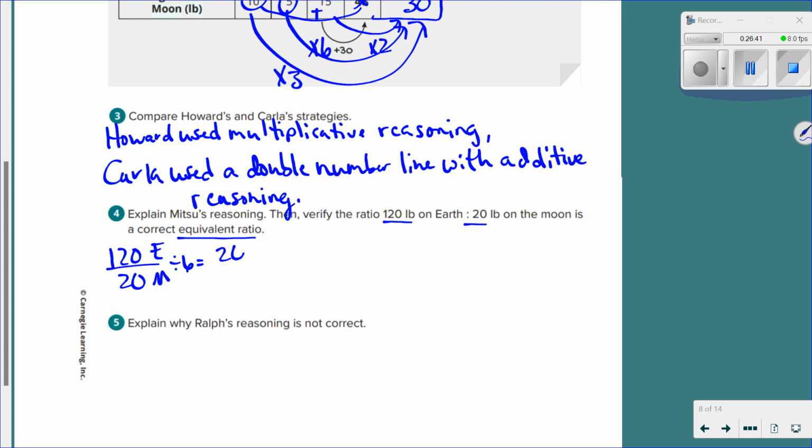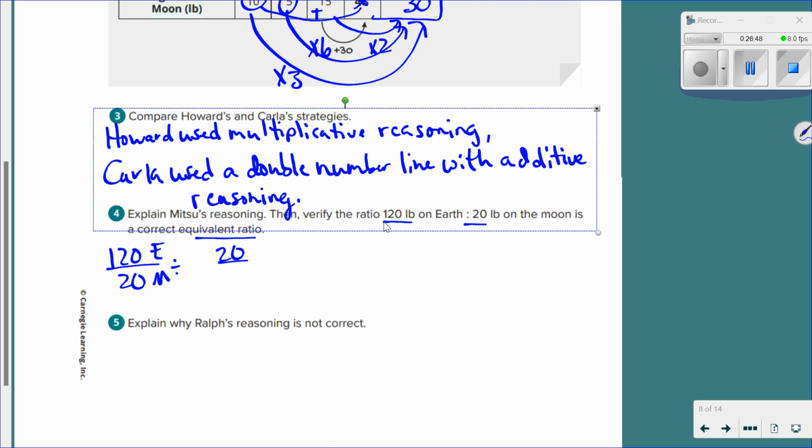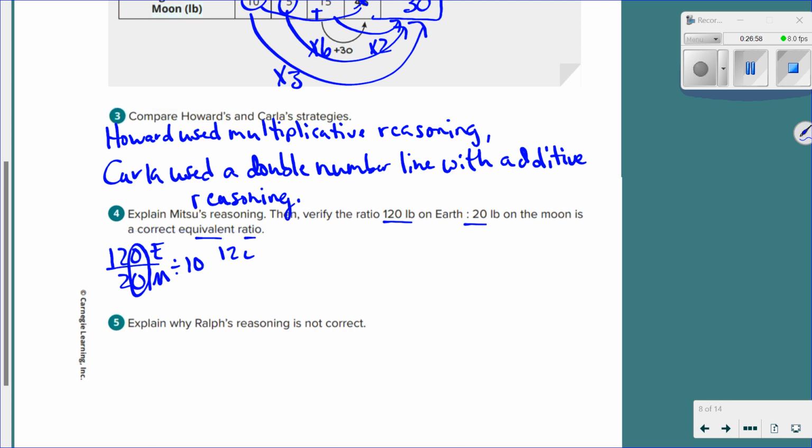So that could give me 20, and I can't divide 20 by 6. We need a better number than 6. 4. Guys, as soon as I see a 0, the first thing I'm going to do is tens. That's going to give me 12 and 2, which should also give an easy one. So now it's 6 and 1. So was that the same as the other ratios we had? Yes. And Mitsu used additive reasoning.